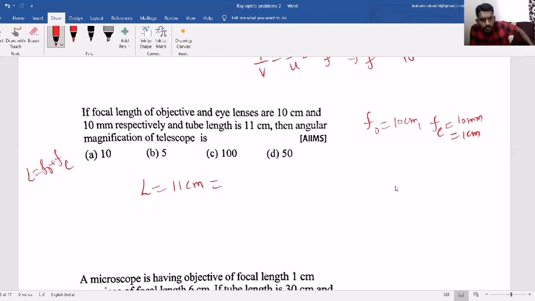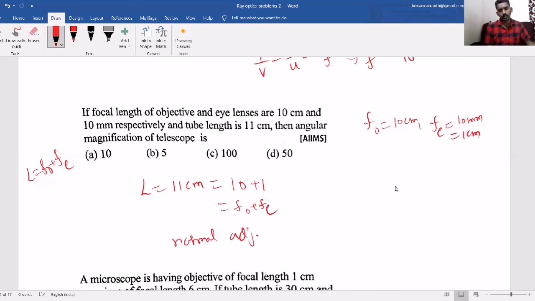Normal adjustment in the case of a telescope, I said. So 11 centimeter is 10 plus 1, like f naught plus fe. The tube length is indirectly given as the sum of f naught plus fe, so it must be the normal adjustment condition.